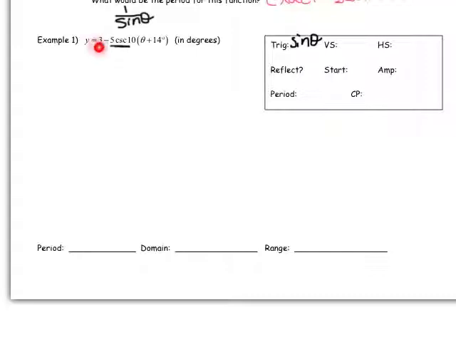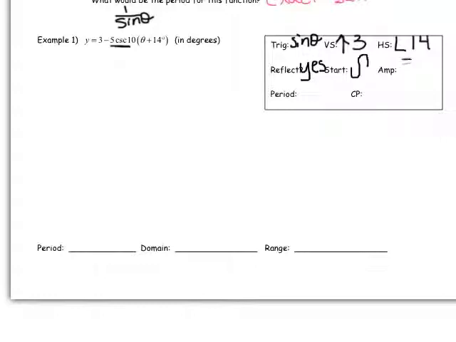This 3 tells me to go up 3. This horizontal shift is inside the parentheses, and it tells me to go left, because it's plus, left 14. This minus sign does represent a reflection, so sine, which is normally the S, is still going to stay an S, but it's going to go down, up, and around instead.